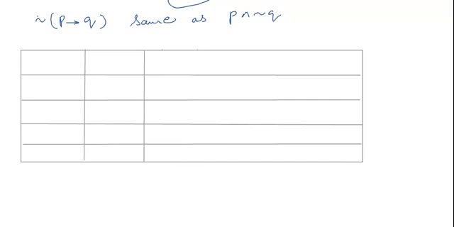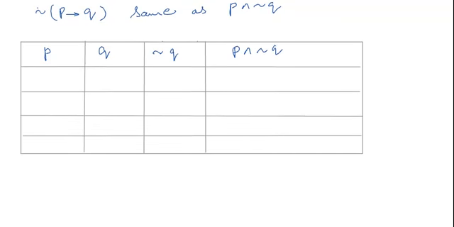The first column represents the statement P, the second column represents Q, the third represents the negation of Q, and the fourth column represents P conjunction negation of Q. So let us write some values. P is true, true, false, false. Q will be true, false, true, false.